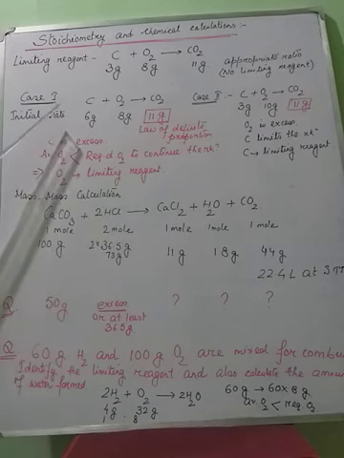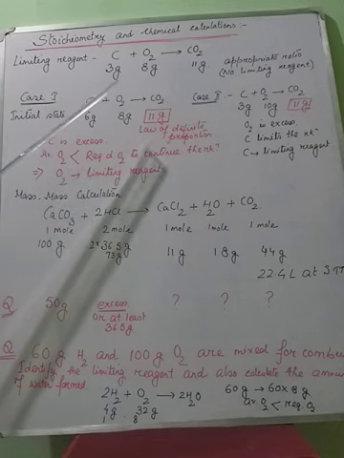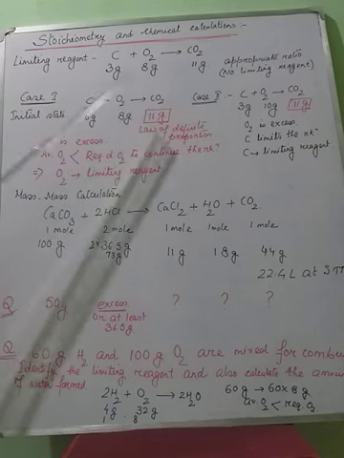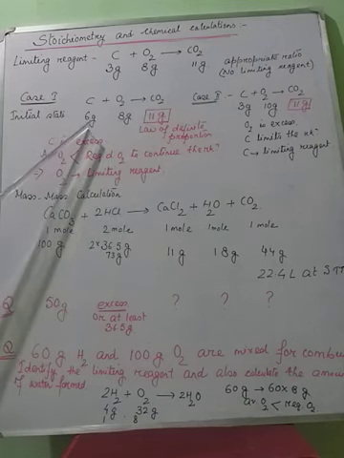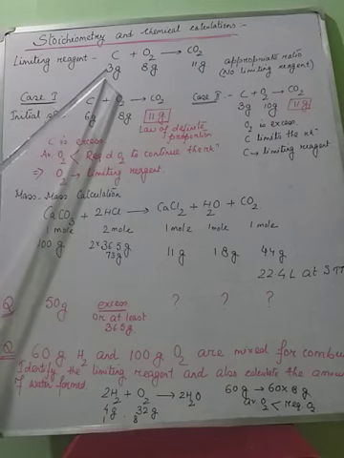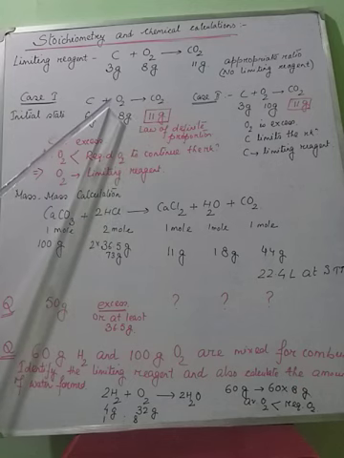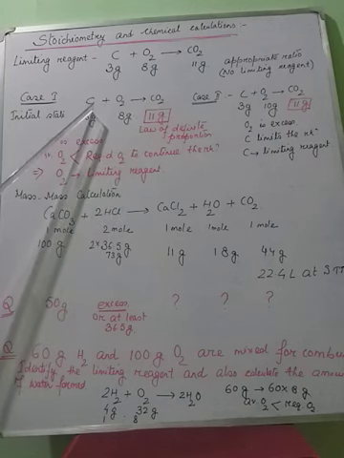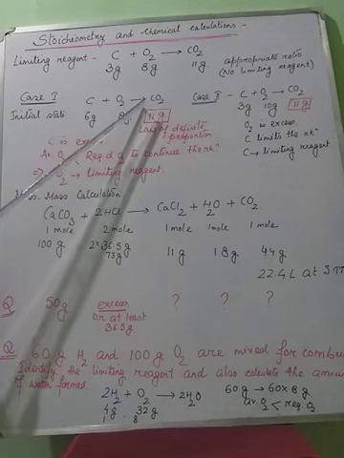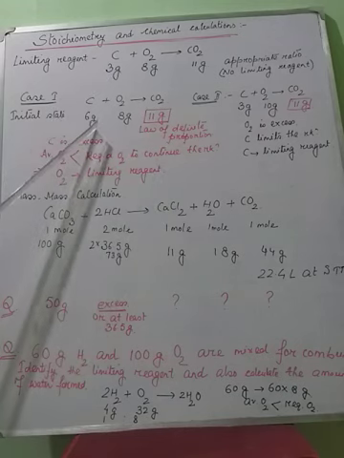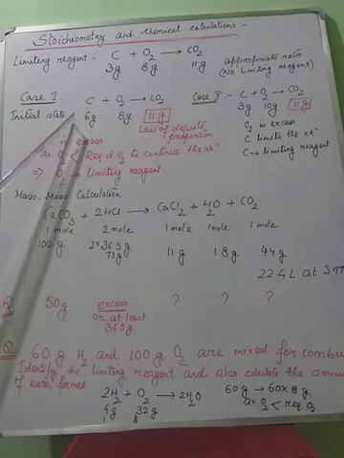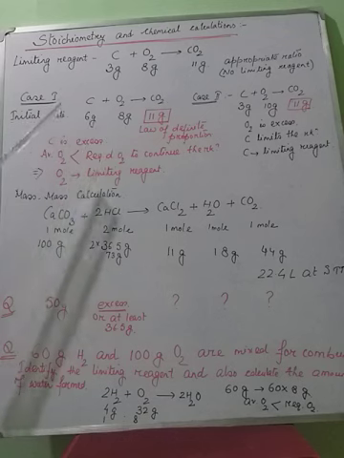Though carbon is taken in little excess, we know that if it has to form carbon dioxide, it will only take 3 gram of carbon with 8 gram of oxygen. That means, in case it has to form carbon dioxide, we have some excess of carbon, that is 3 gram of carbon would be excess.